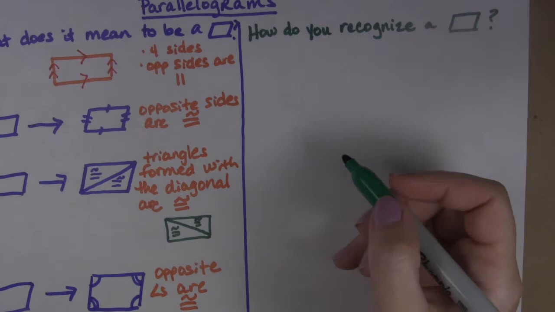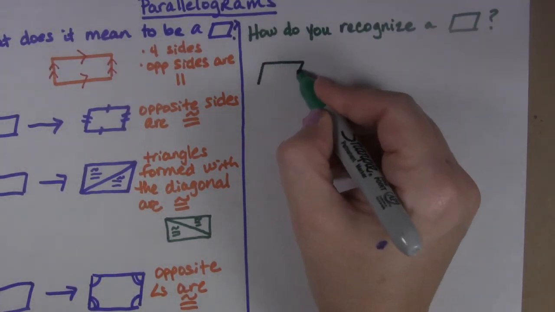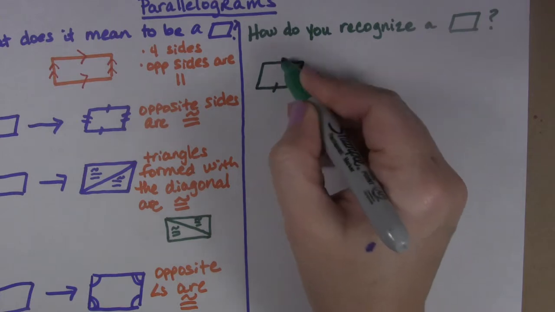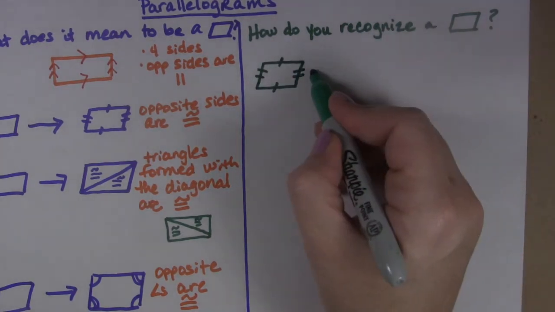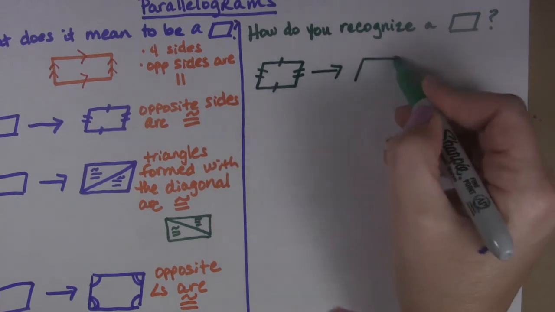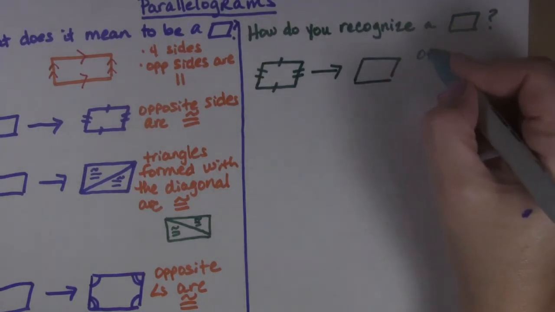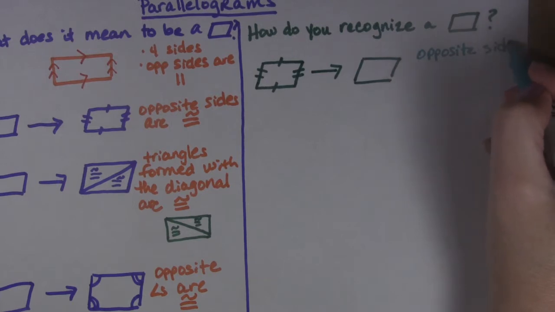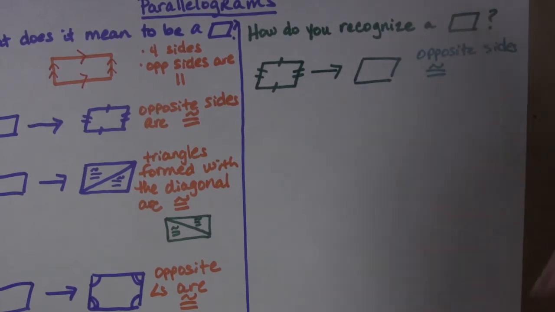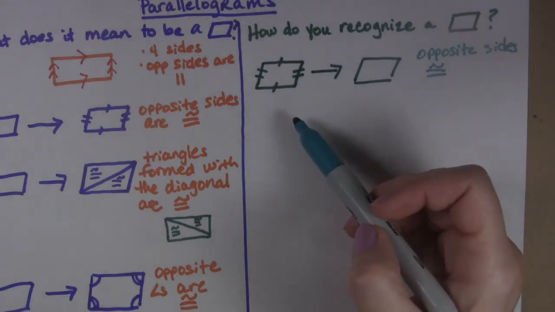So the first one is that if you have opposite sides that are congruent, that means that you have a parallelogram. So we will say if the opposite sides are congruent, then we know that we have a parallelogram.